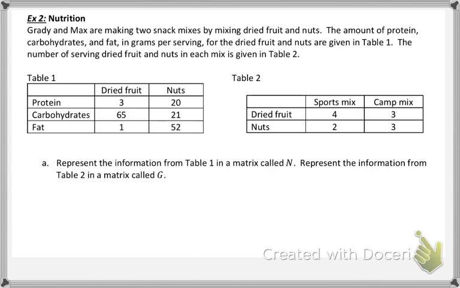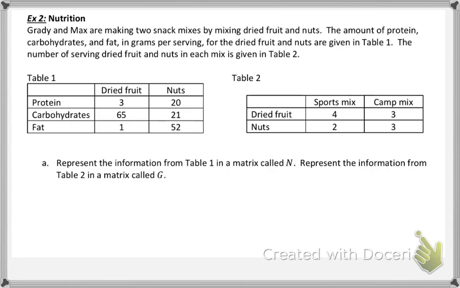So for every serving of dried fruit, there's 3 grams of protein, 65 grams of carbs, and 1 gram of fat. And then for each serving of nuts, we have 20 grams of protein, 21 grams of carbs, and 52 grams of fat. So nuts are very fatty. And then for table 2, the number of servings of dried fruit and nuts in each mix is given in table 2.